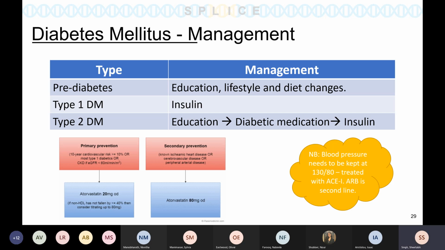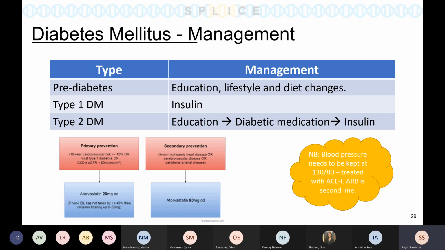I've taken this bit out of PassMed because it's quite a good flow diagram. Essentially, it's talking about using statins. For primary prevention, you'd want 20 milligrams of statin, and then in secondary prevention, so if someone's got known ischemic heart disease or peripheral arterial disease or any cerebrovascular disease, for example strokes, you want to give a statin of 80 milligrams once a day.